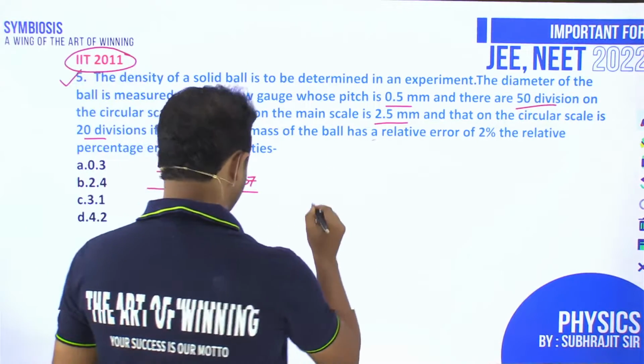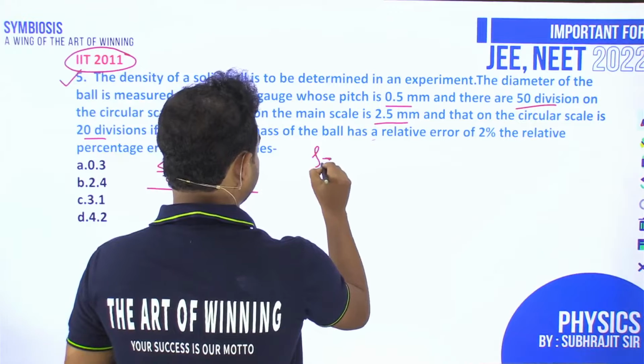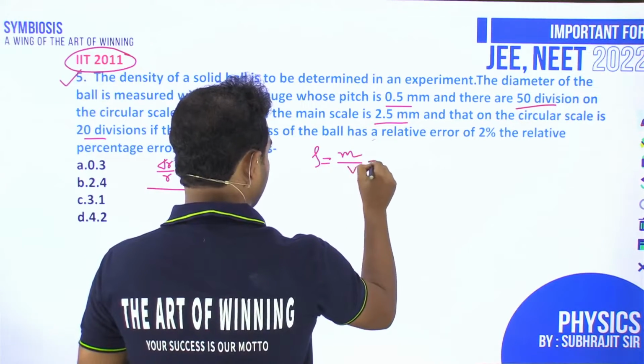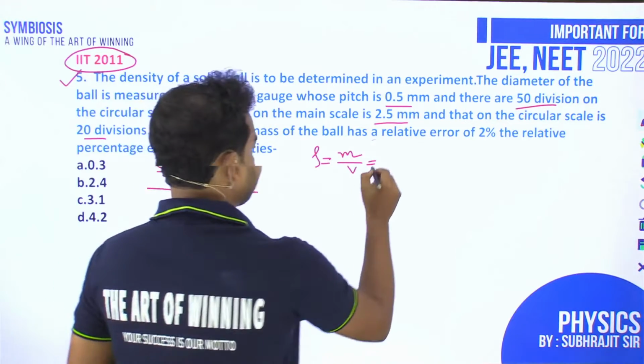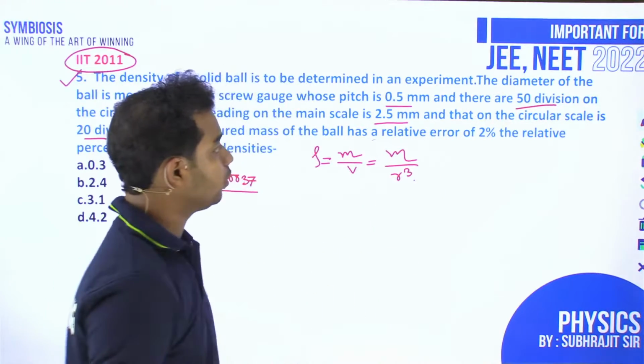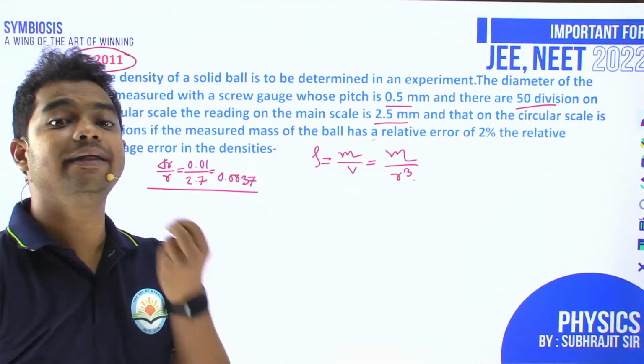Here rho, that is density, equals m by v, or we can write it as m divided by r cube, where r is the radius.